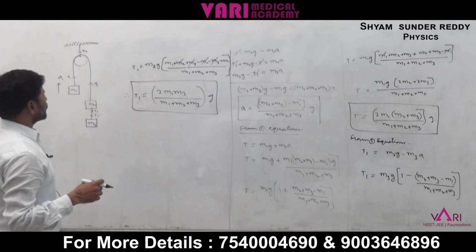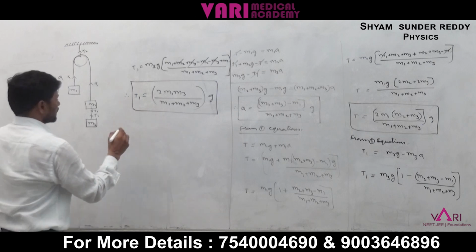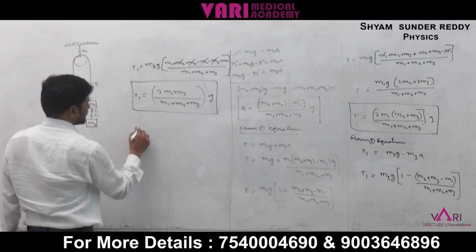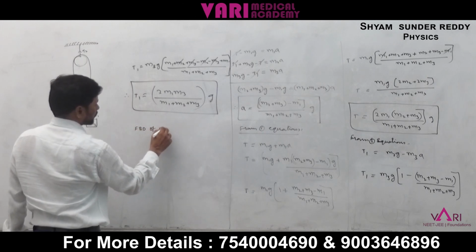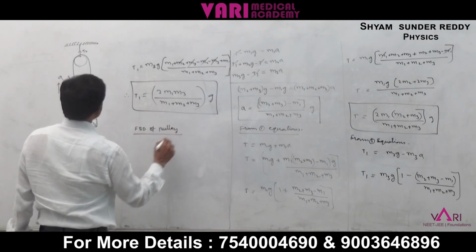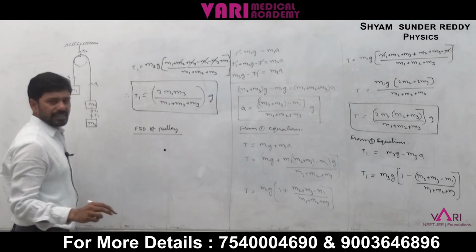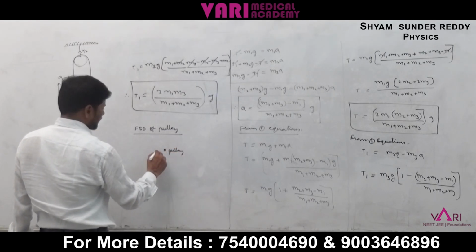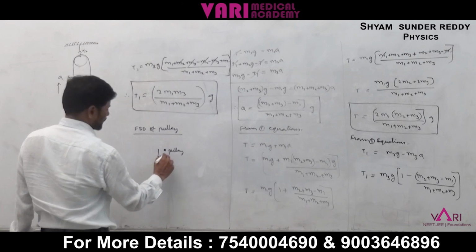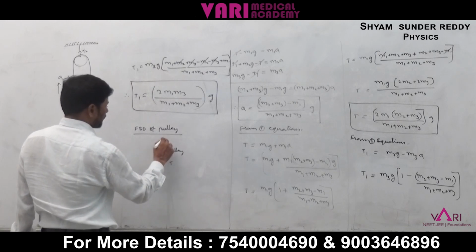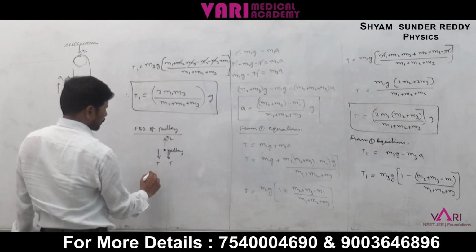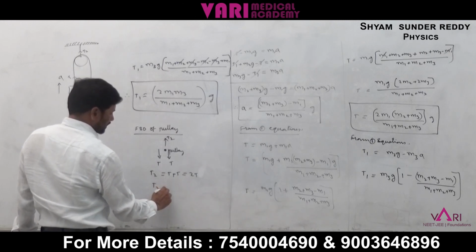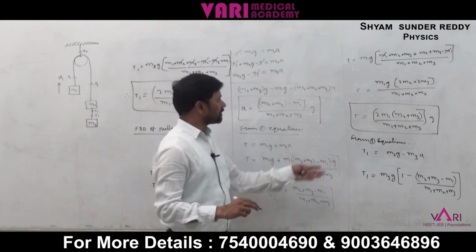Finally, we want T2. We can write T2 from the FBD of the pulley. It's a massless pulley. In the downward direction, tension T, downward direction, tension T, upward direction, T2. So T2 is equal to T plus T, which is 2T, just double of T. Where is the T?